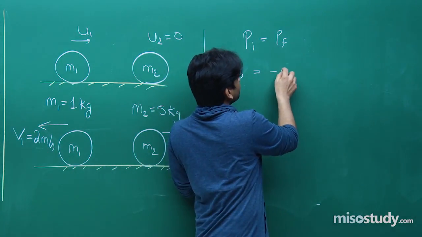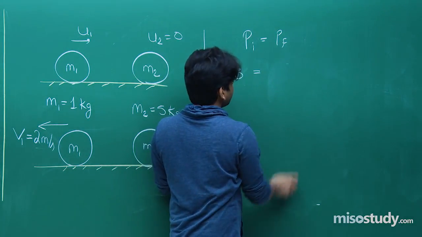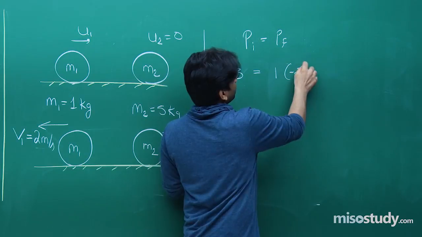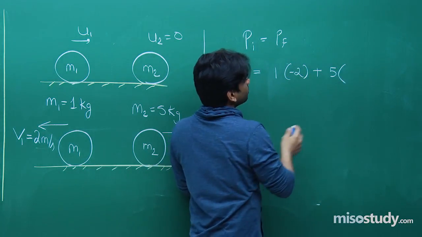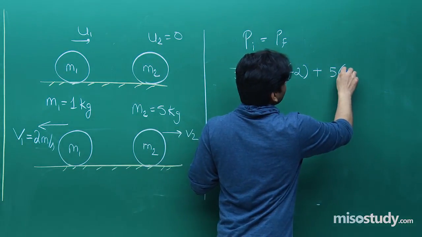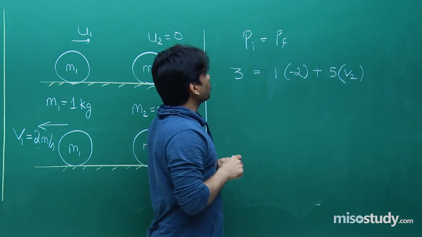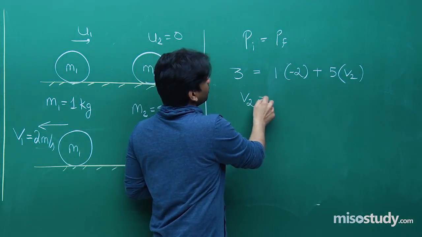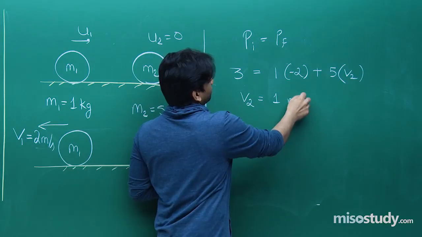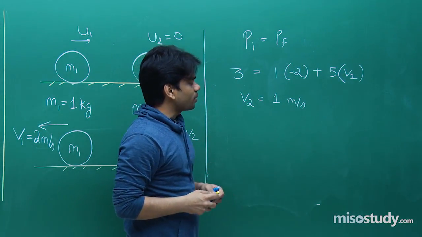So we can write this as 1 kg mass into minus 2, plus 5 kg mass into its velocity, let's say we have taken this as v2. This will come out to be 3 plus 2, 5, 5 by 5, v2 will come out to be 1 meter per second. I believe that this is clear to you on how v2 is 1 meter per second.